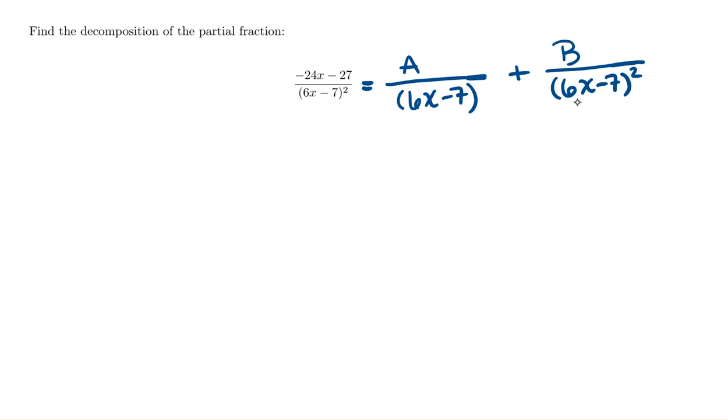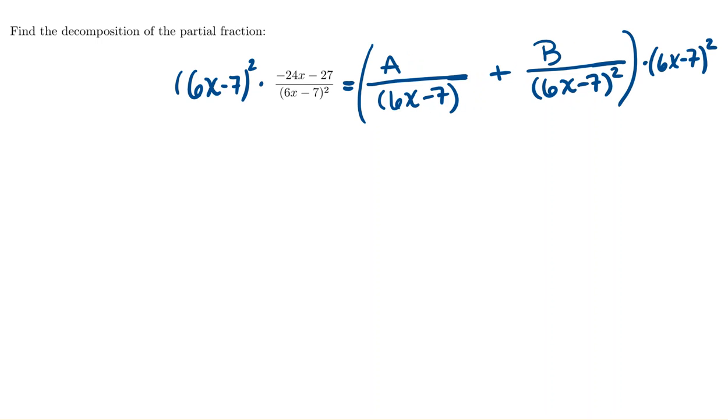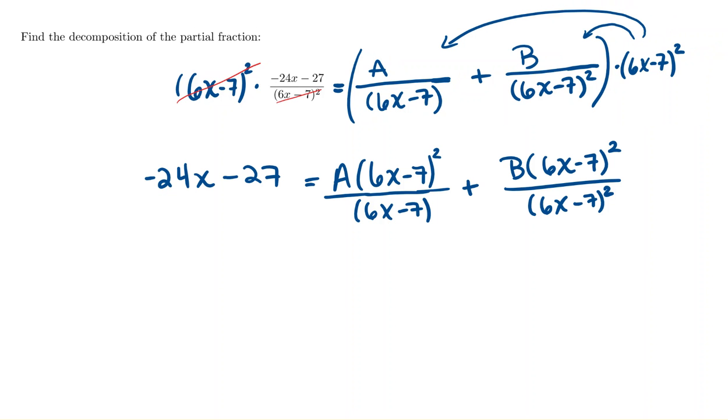After we've written this out, we would multiply both sides by 6x minus 7 all squared to clear the denominators of the whole expression. So we would multiply here. In our next step, we'll distribute this to both terms on the right, and we see that these terms on the left would cancel.